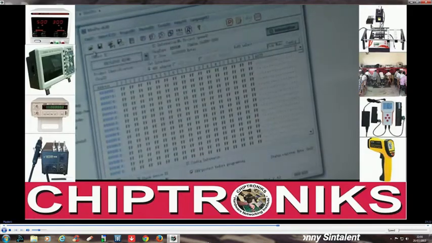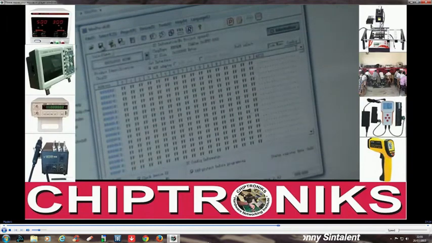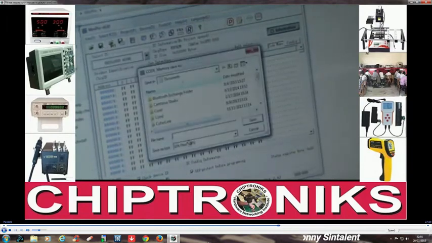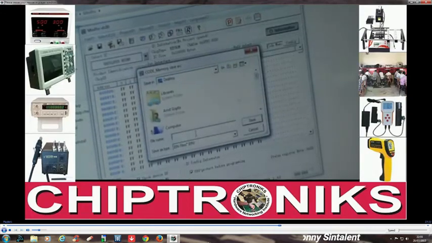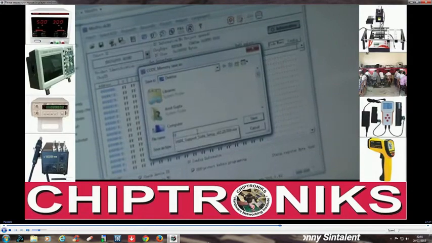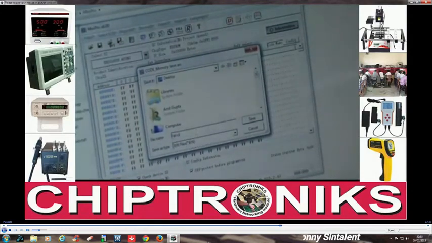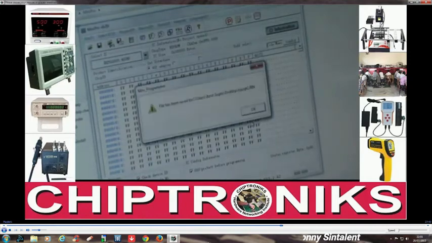Now I'll save this on desktop, HP CQ42, save.